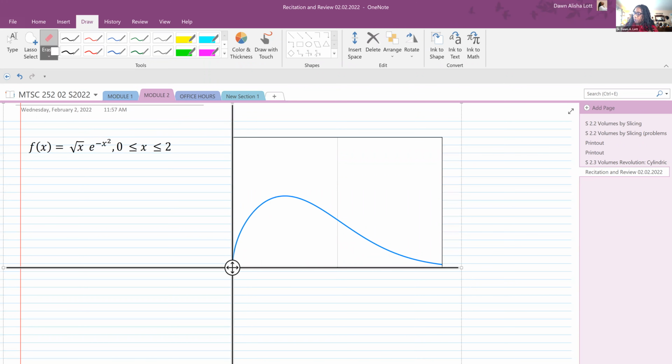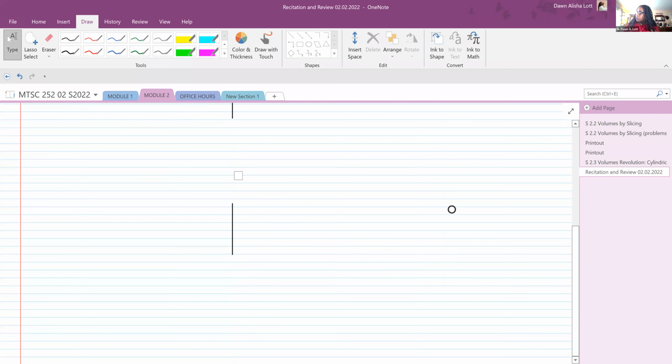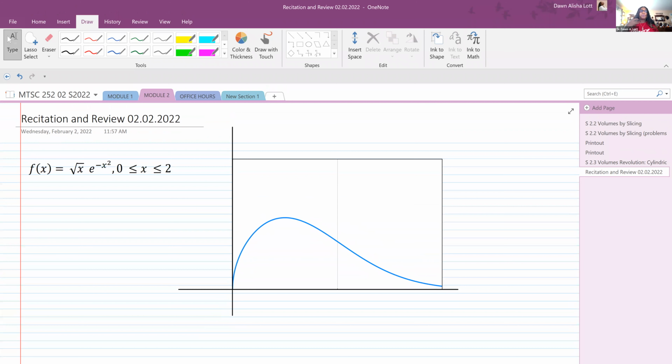Okay, so here's my problem. In this problem, my base is this region R. So this region is the base. Okay, and so here's my first problem.